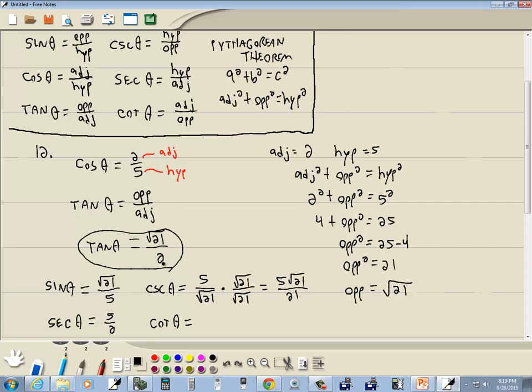So I'm going to take the square root of 21 over 2 and rewrite it as 2 over the square root of 21. And again, we can't have a square root down in the denominator, so I'll multiply top and bottom by the square root of 21. And that gives us 2 square root of 21 over 21. So that's how you'd find all of your trig functions given one piece of information like that.